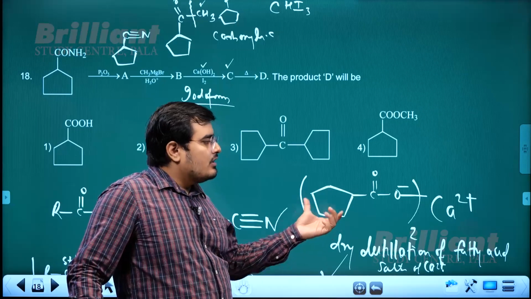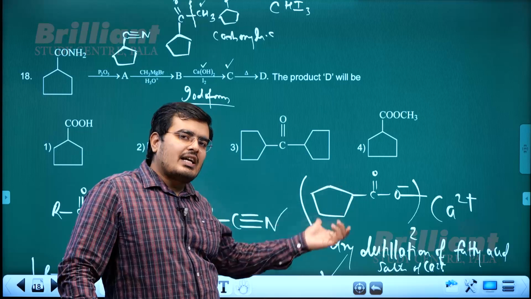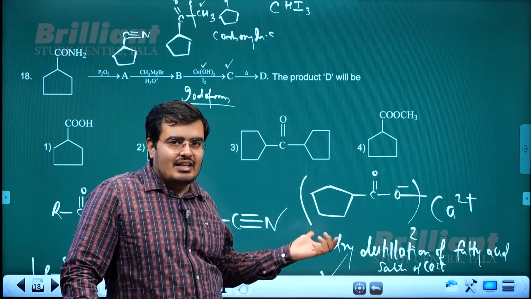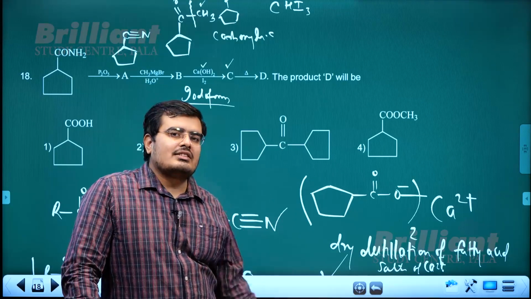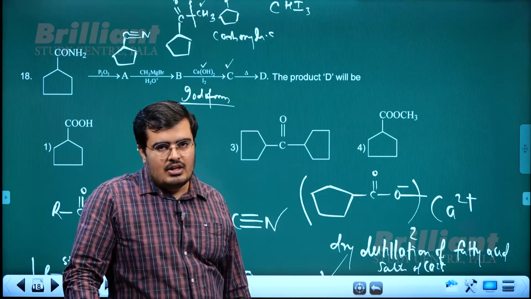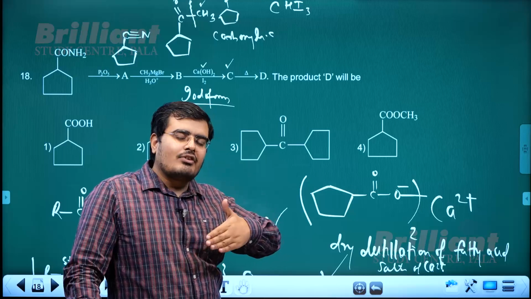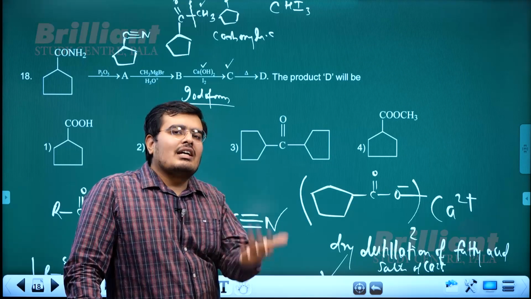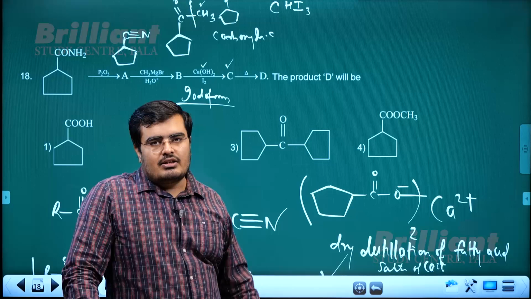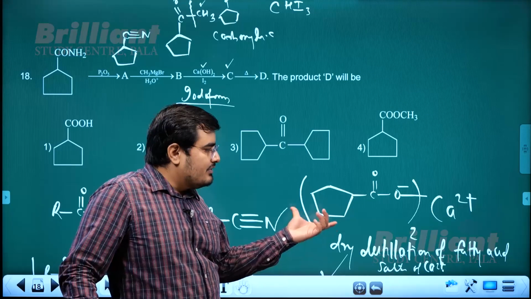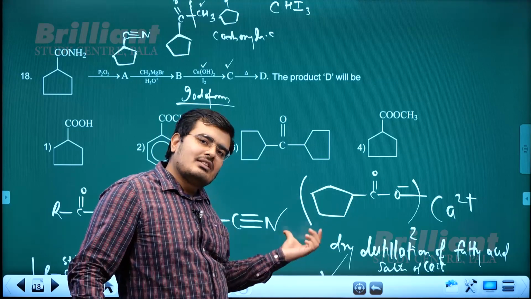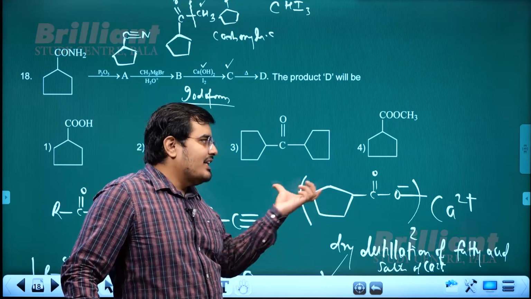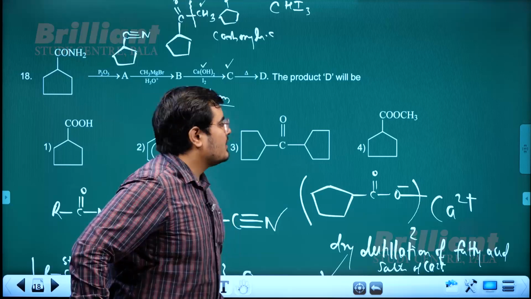If the calcium salt which is heated is anything other than calcium formate, then it always results in the formation of ketone. Whereas if calcium formate is heated with any other calcium salt, then the product will be aldehyde. Since we do not have calcium formate here, we only have the calcium salt of some other acid, that is why it will result in the formation of ketone.